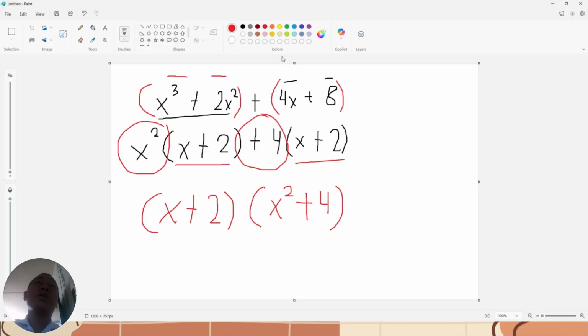To really know if you solved it, you can use the FOIL method, which is to multiply them.